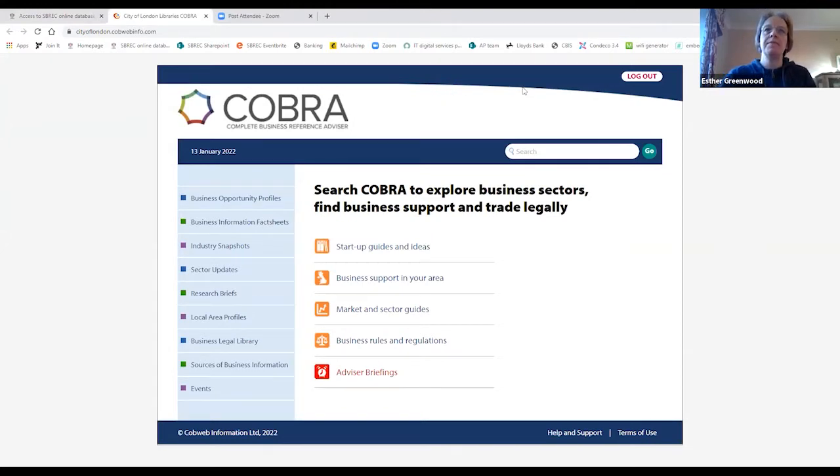When you click on the link to COBRA, you will see at the top an orange and blue box which says membership number or ticket number. You type in your membership number to log into the database, and away you can go.